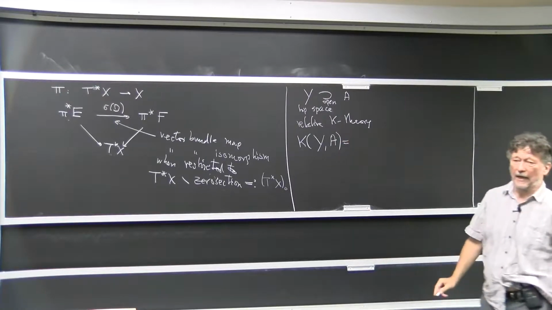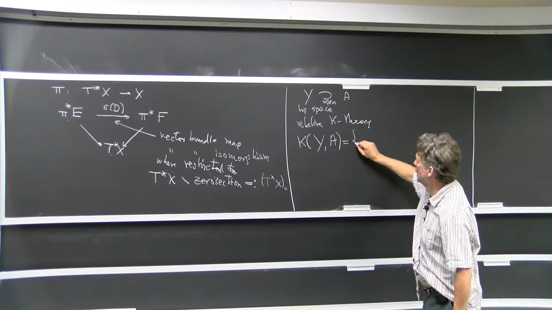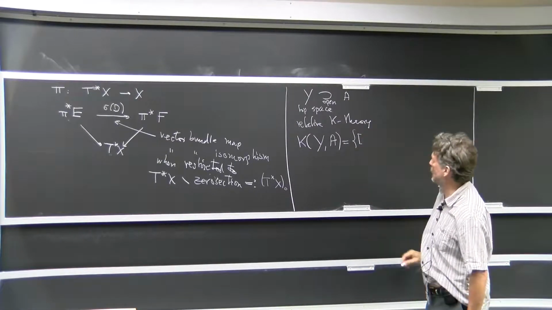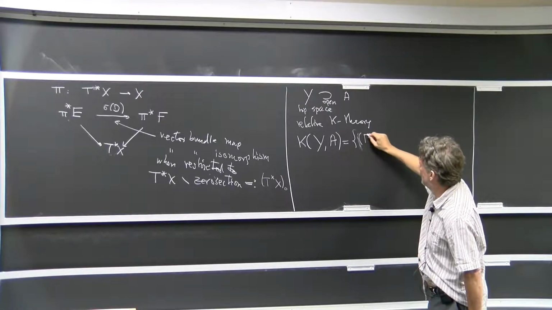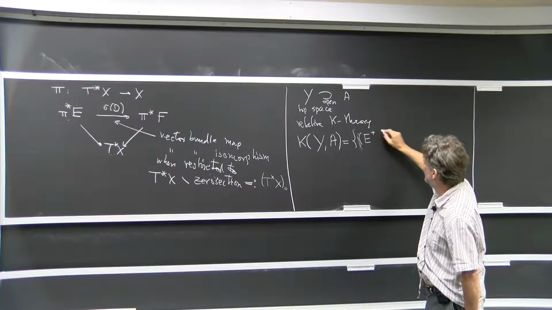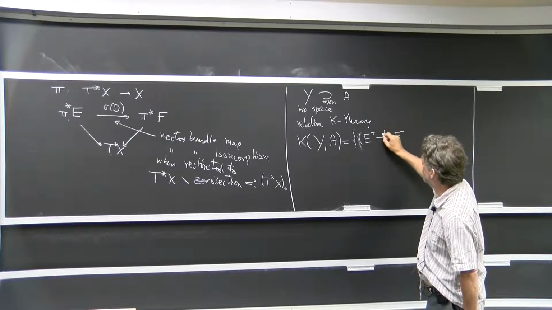And last time I described a way to say this. Namely, you can represent elements in these K-theory groups by triples as follows. You take a vector bundle E plus, and you take a vector bundle E minus, and a map alpha between them.